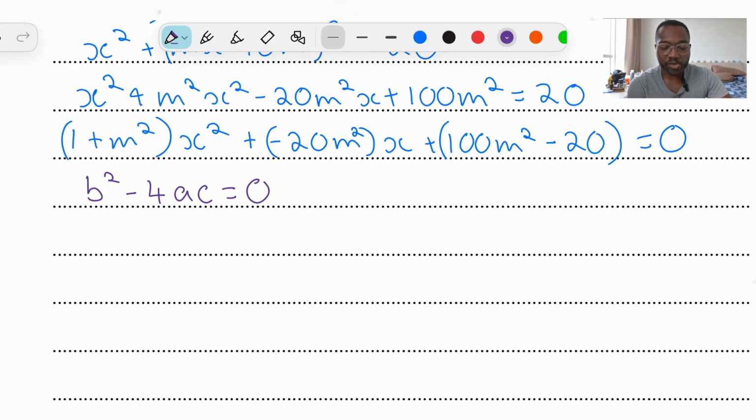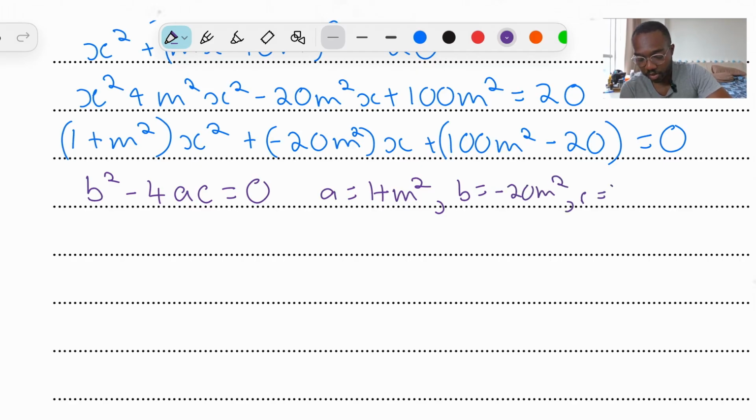Therefore, we can use b squared minus 4ac to work out what the value of m would be, which is our gradient. So if we do that, in this case, we have a is equal to 1 plus m squared. We have b is equal to minus 20m squared. And we have c, which is equal to 100m squared minus 20.